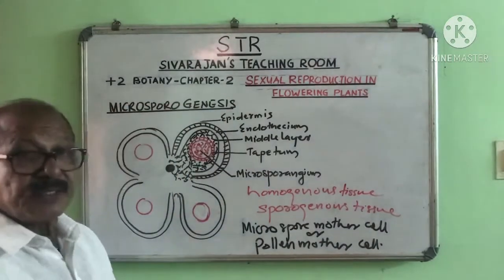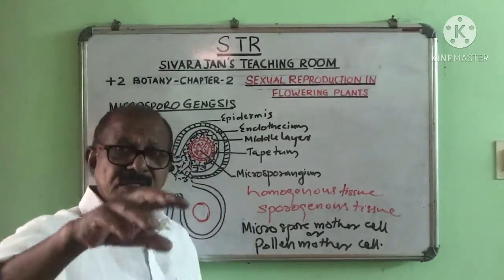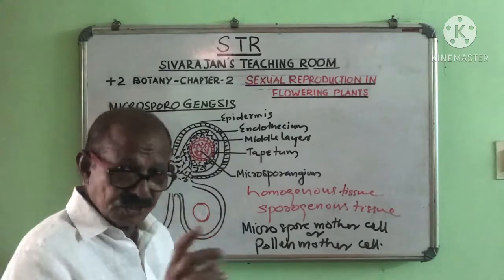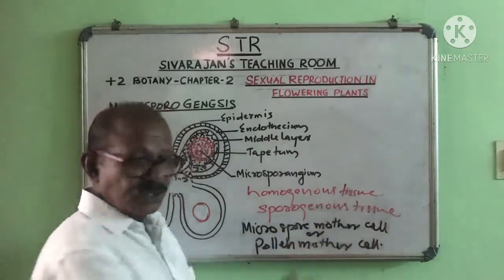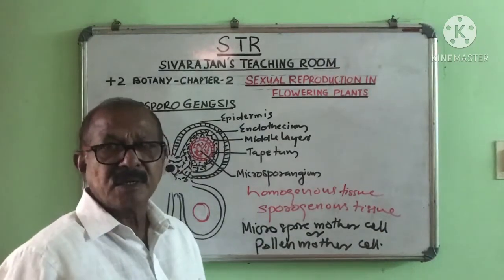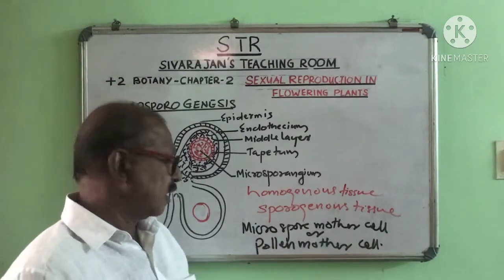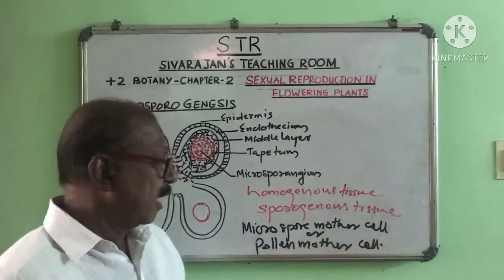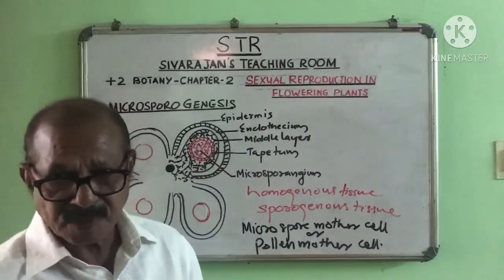So the tissue inside the microsporangium is made up of the same type of cells, so it's a homogeneous tissue called sporogenous tissue, and the cells in the sporogenous tissue undergo differentiation and become microspore mother cells or pollen mother cells. Each pollen mother cell is diploid.